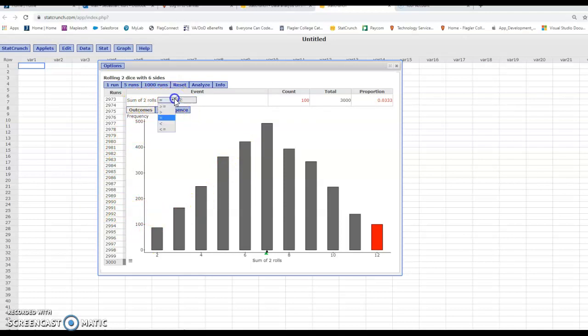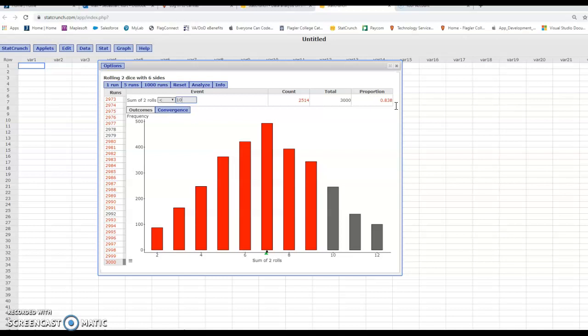So we want the less than sign strictly. Put in 10. And it added up all those probabilities. When it adds up all those probabilities, it gets 0.038. This is part D on the top of page 74.